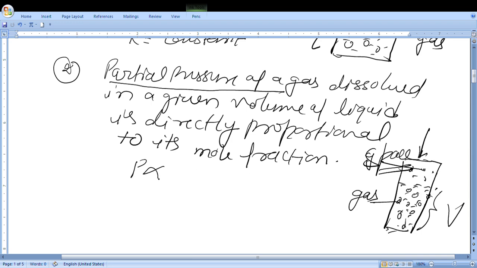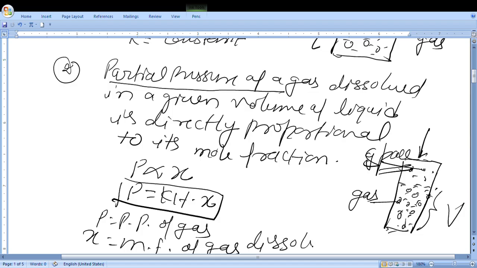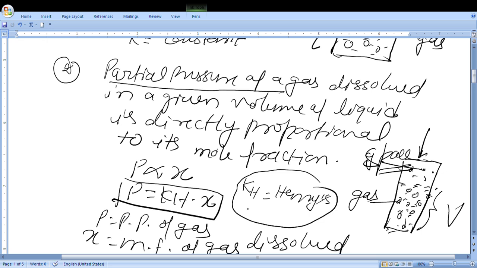So P is directly proportional to X. P is equal to KH into X. What do we mean by KH? P is the partial pressure of gas, X is the mole fraction of gas dissolved, and KH is the Henry's law constant.